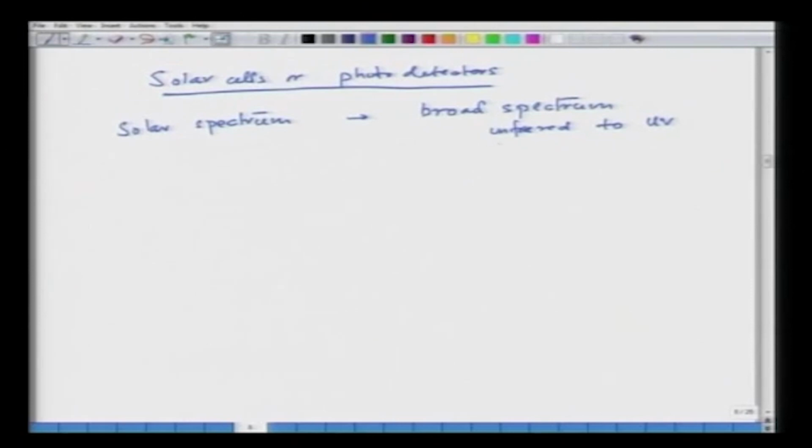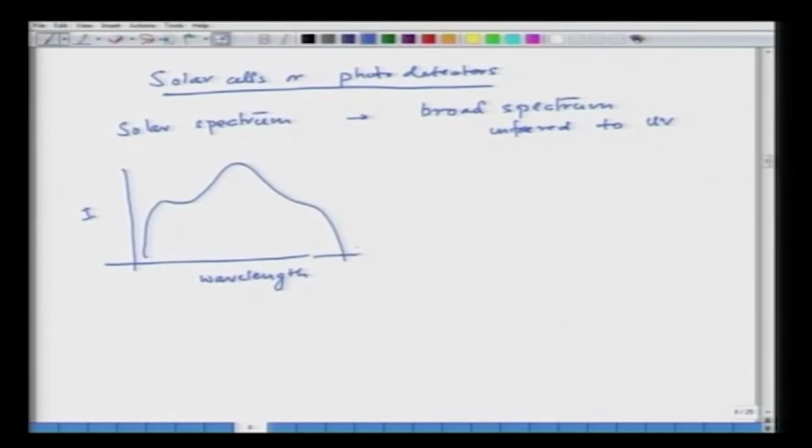In order to absorb all this light, if we plot intensity versus wavelength, this is the spectrum of the light coming in, and the device and the material that we have has some thickness x. The material is going to absorb this light only to the extent that it is for light for which Eg is higher.